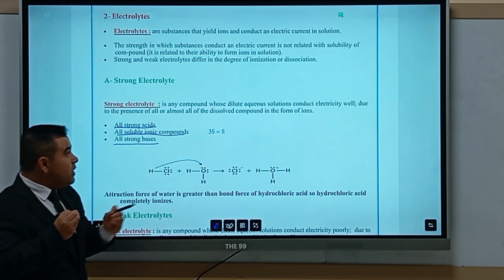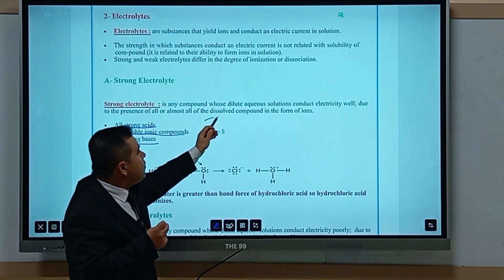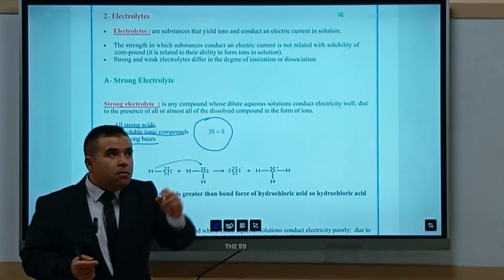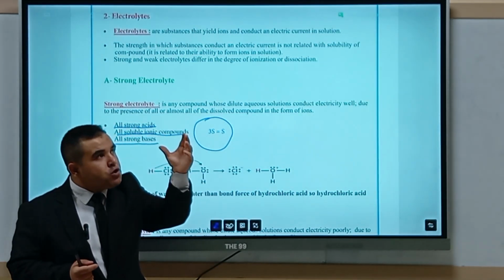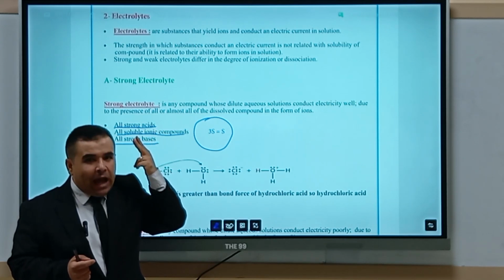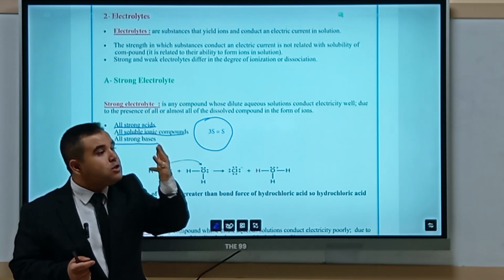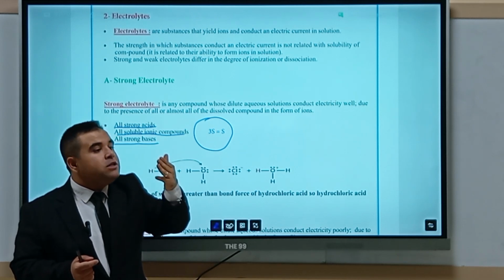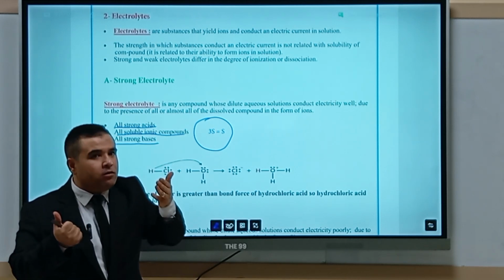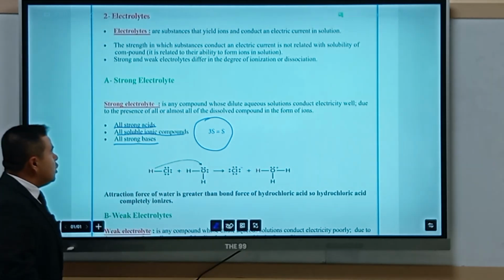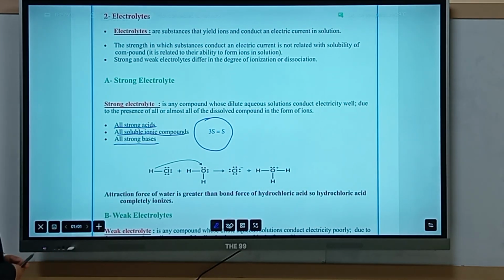In order to remember this, I have stated this: 3S is equal to 1S. It means soluble salts, the first S, strong acid, the second S, strong base, the third S, is equal to 1S, which is soluble. So 3S is equal to 1S, in order to manage it.